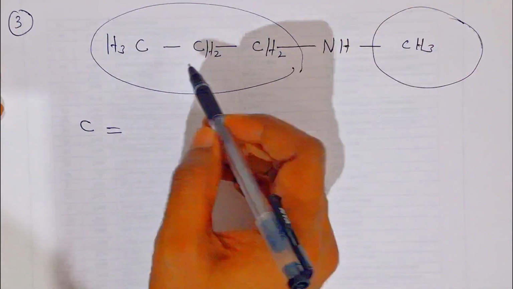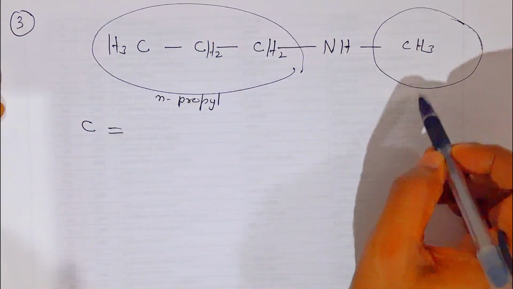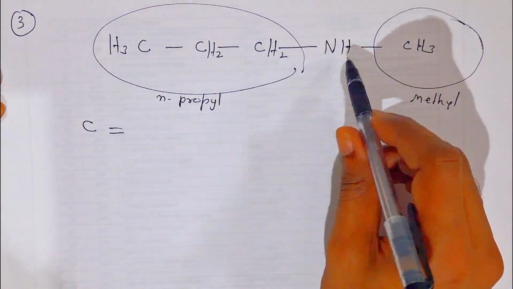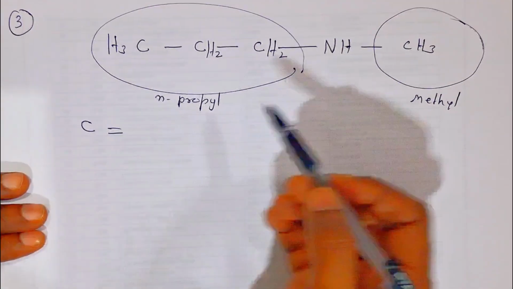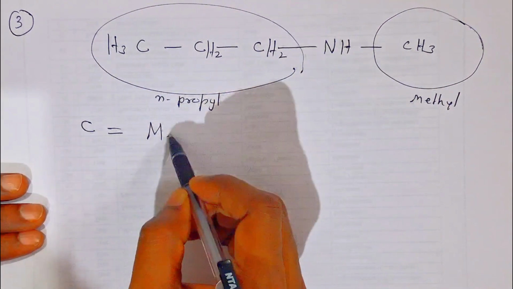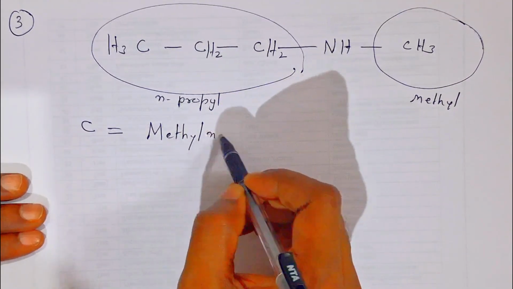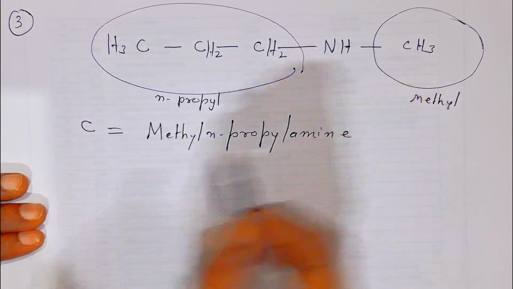This is normal propyl, which is attached to this nitrogen, and this is methyl, which is attached to this nitrogen. Okay students, you have to see the alphabetical order. After M, P is coming, so we will name methyl first. So this will be methyl N-propyl amine. Okay, very simple name, students.